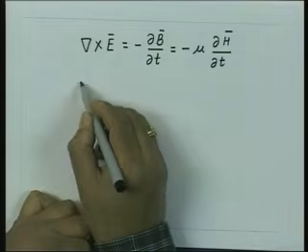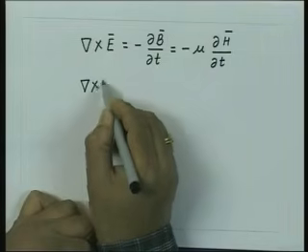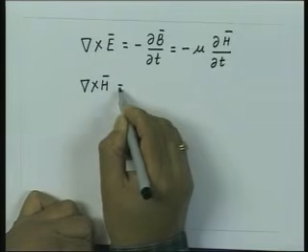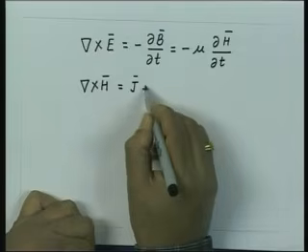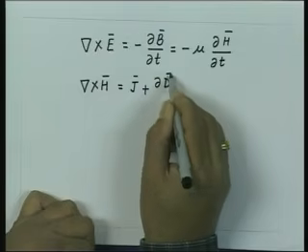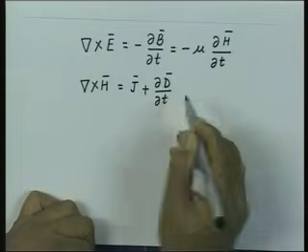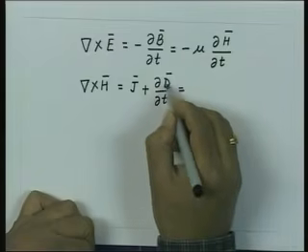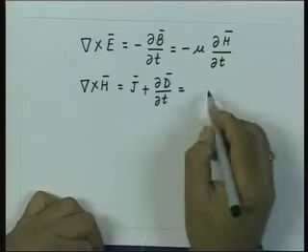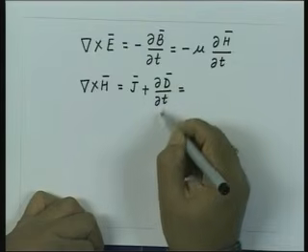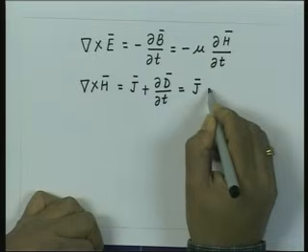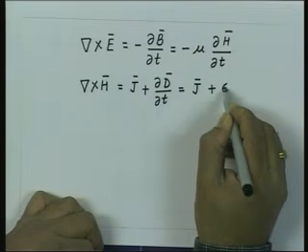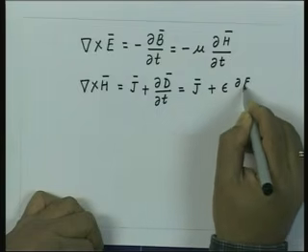And the second equation, del cross H, is equal to J plus dD by dt. Writing D in terms of the electric field, and again assuming that the permittivity of the medium is not a function of time, this can be written as J plus epsilon dE by dt.